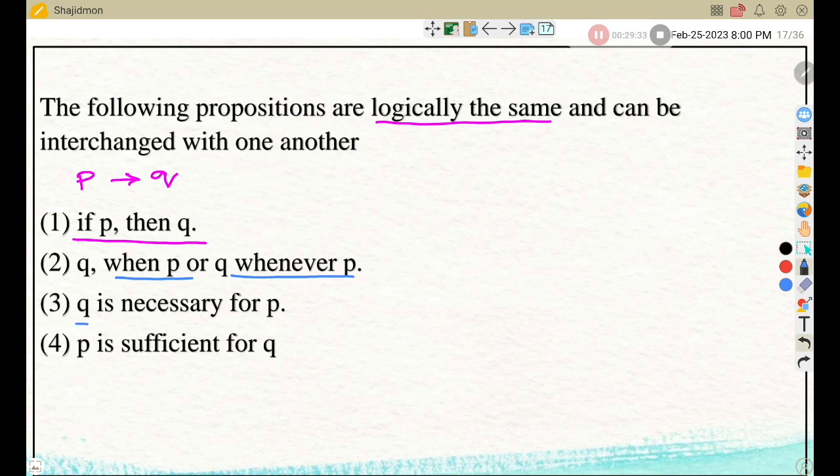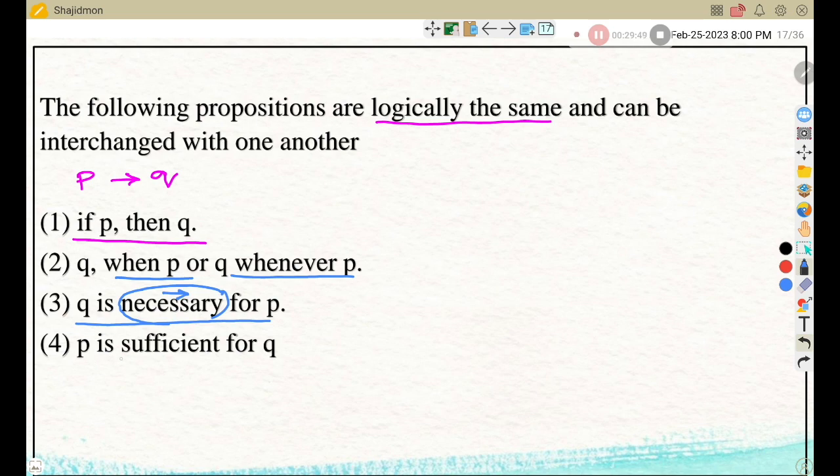Or you can say Q is necessary for P. This word necessary means the one-sided statement, conditional statement, implication, or one-sided arrow.